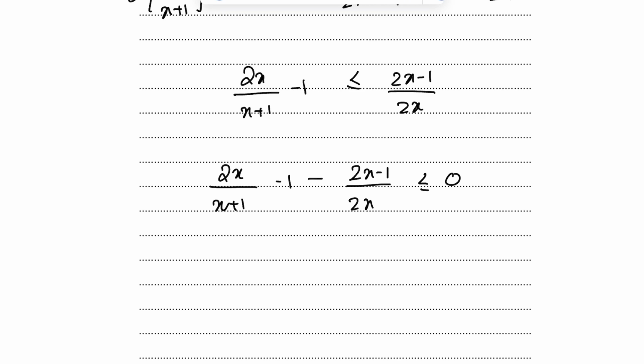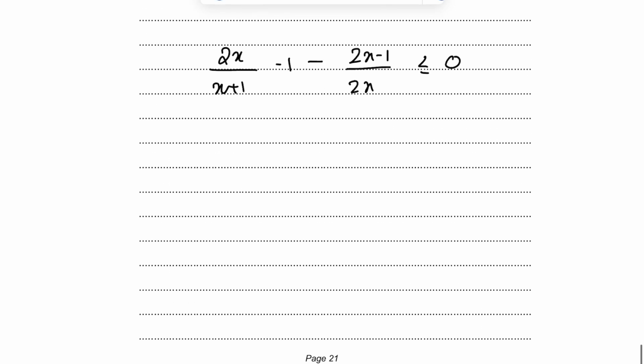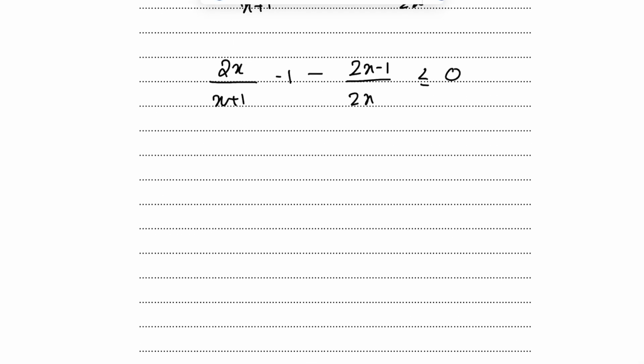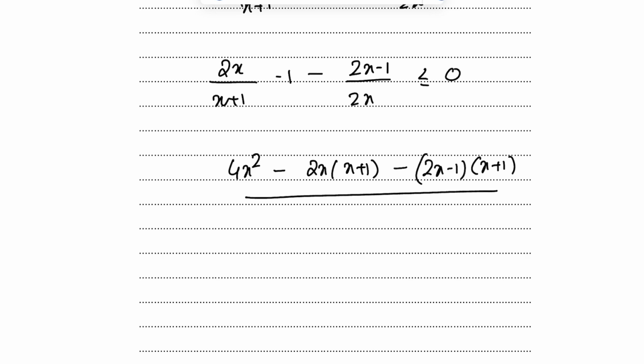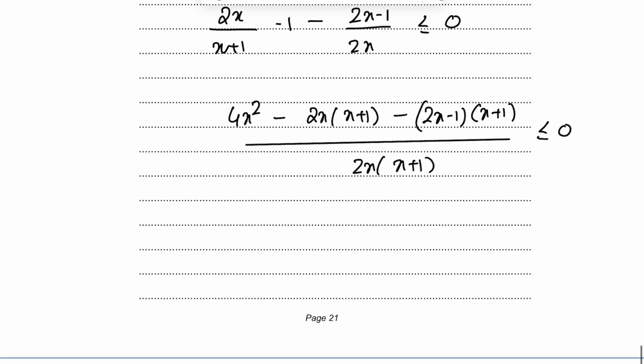I'm going to simplify this one. So it becomes 4x square minus 2x times x plus 1 minus 2x minus 1 times x plus 1, divided by 2x times x plus 1, is less than or equal to 0.